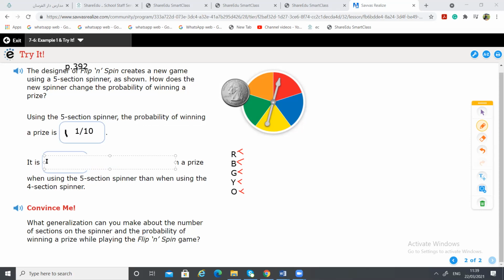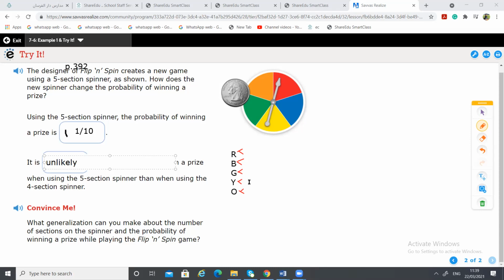Is it likely or unlikely, girls? Zishan, 10%. Is it likely or unlikely? It is unlikely.